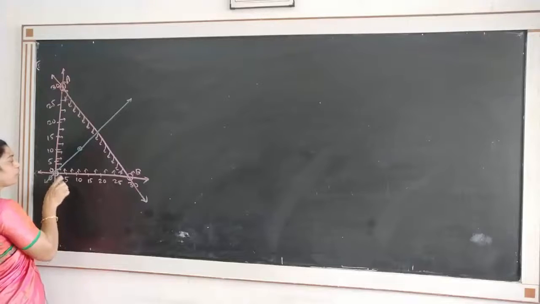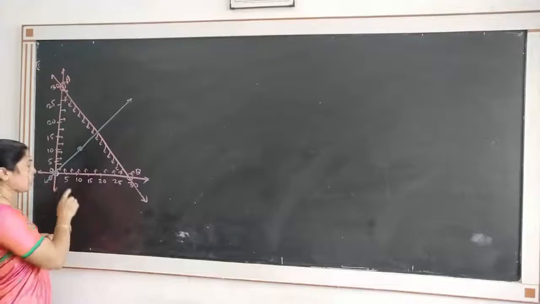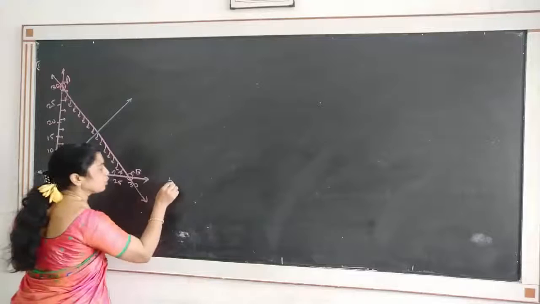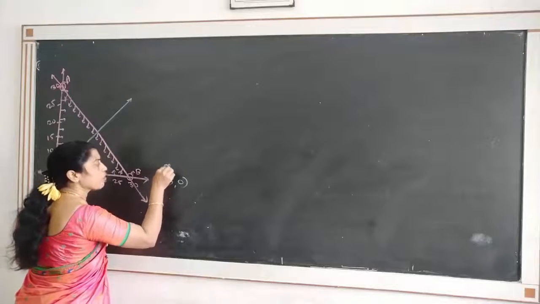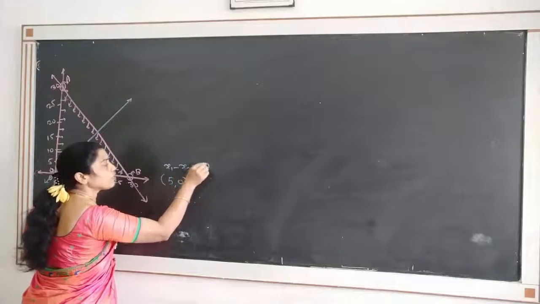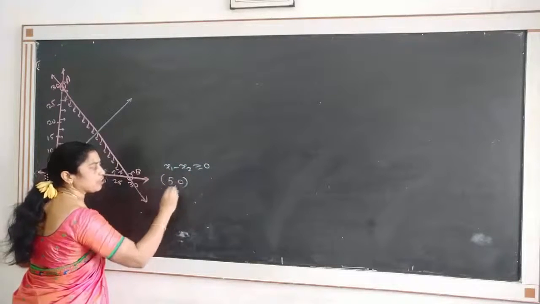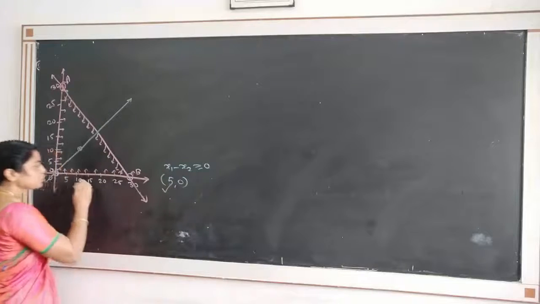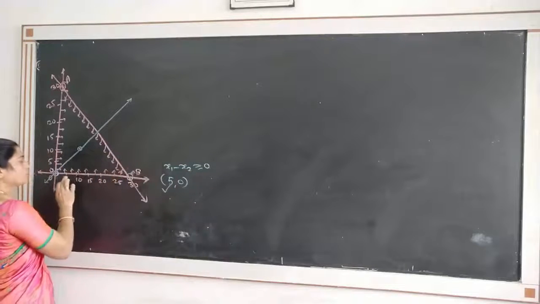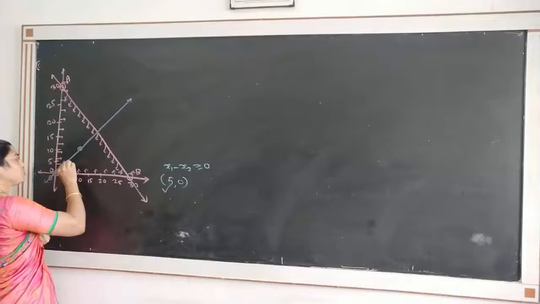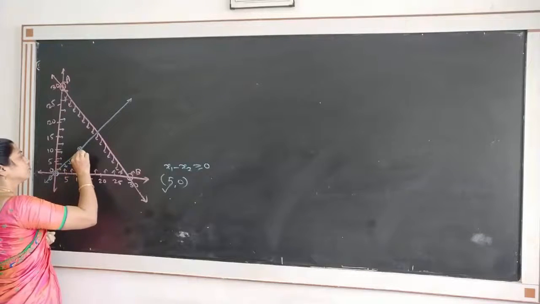Check any point on x or y axis. I will check a point on x axis. The point is 5, 0, and we have x1 minus x2 greater than or equal to 0. If we put x1 equal to 5, 5 is greater than 0, the point satisfies. So we require the region which contains the point 5, 0. So we require this region.